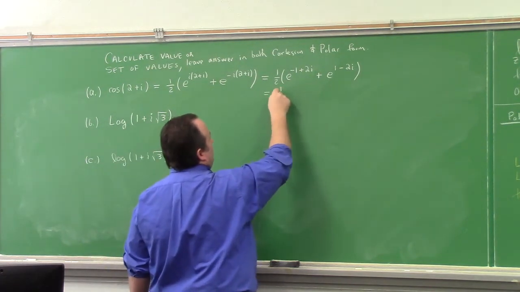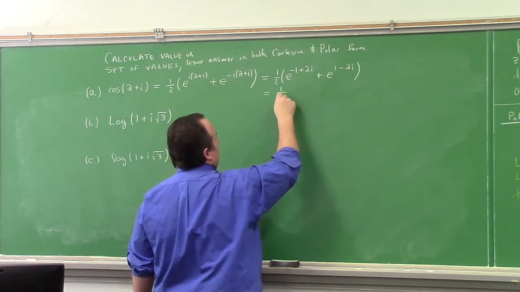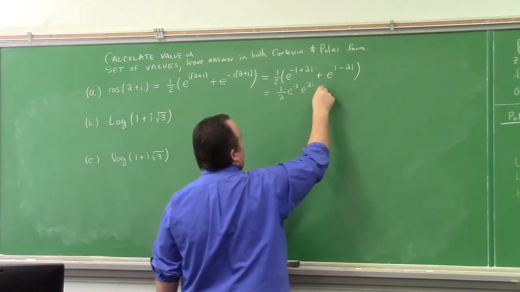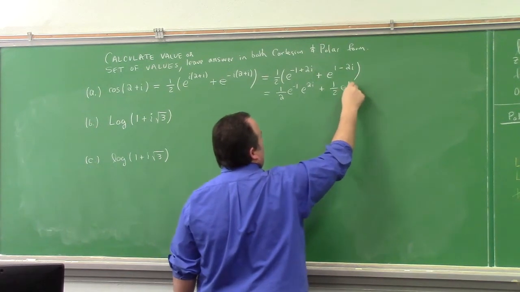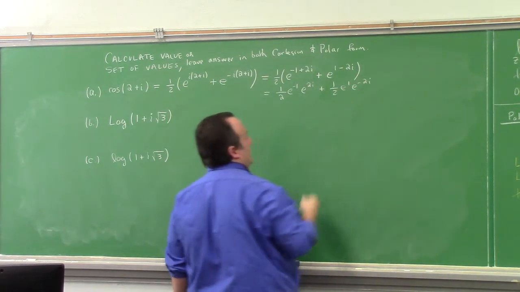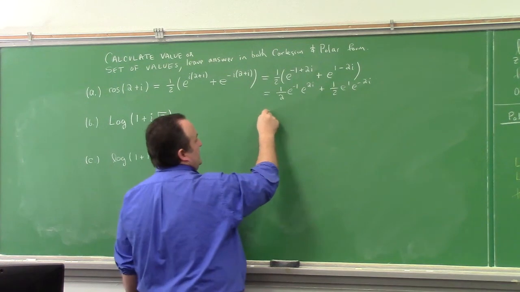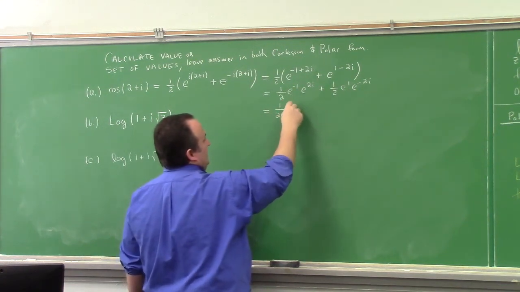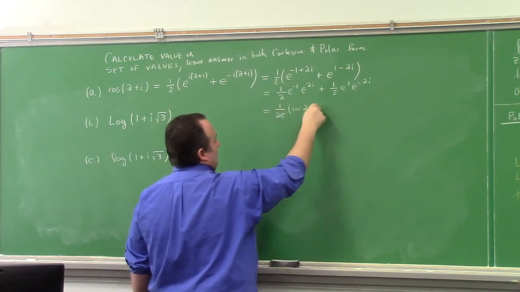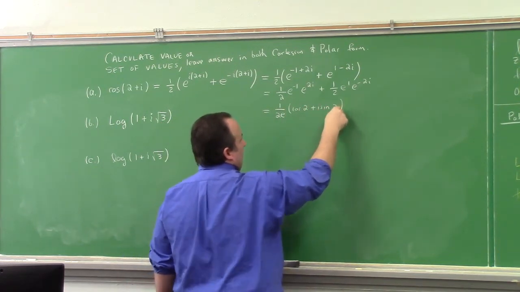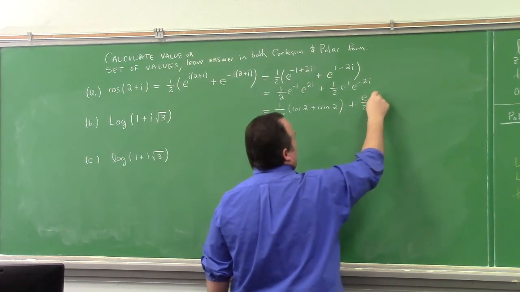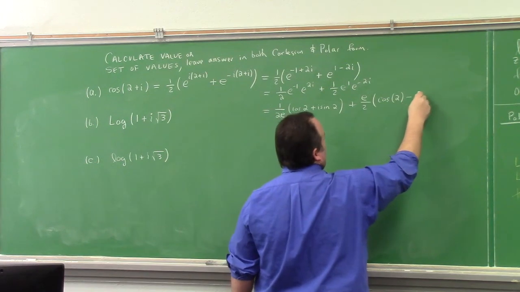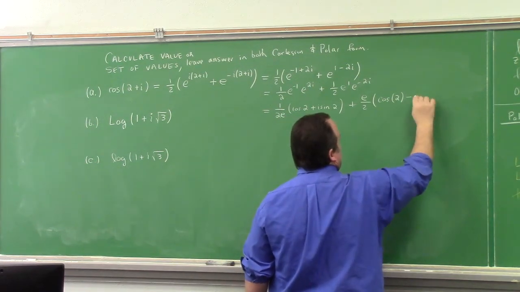This is 1 over 2 times e to the minus 1, e to the 2i, plus 1/2 e to the 1, e to the minus 2i, which is really 1 over 2e, I just write 1 over 2e because I'm lazy. And that's cosine 2 plus i sine 2, and then plus e over 2 cosine minus 2, which is cosine 2 because cosine's even, minus sine 2, minus i sine 2.